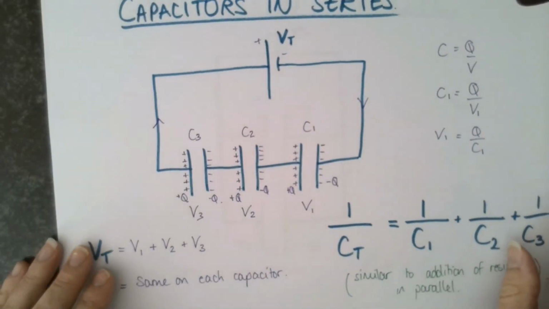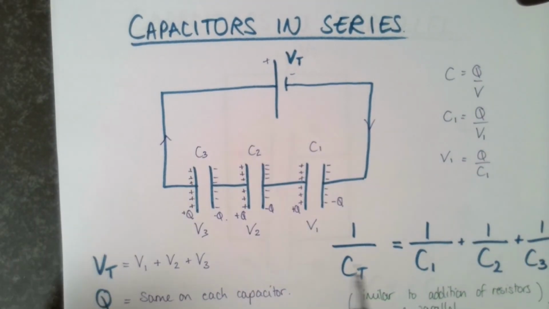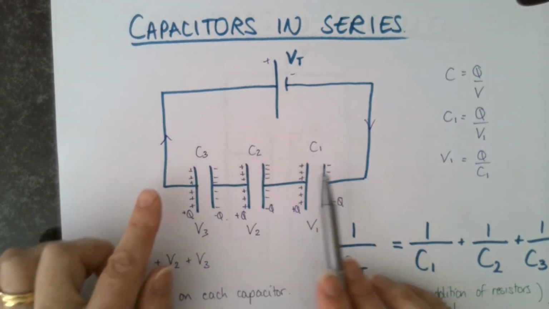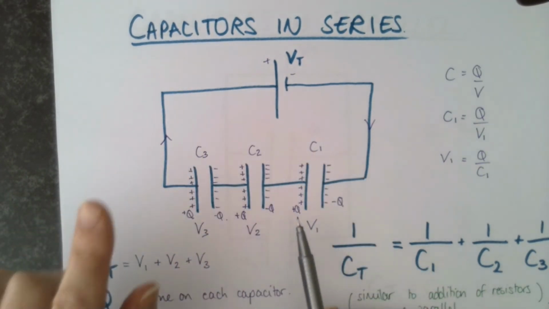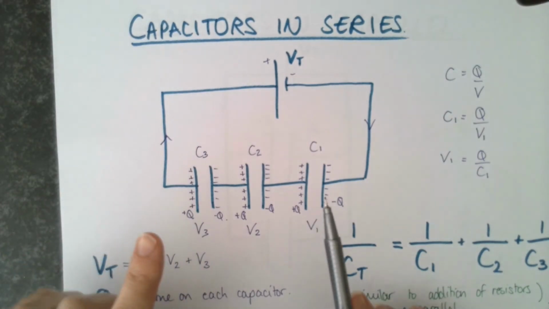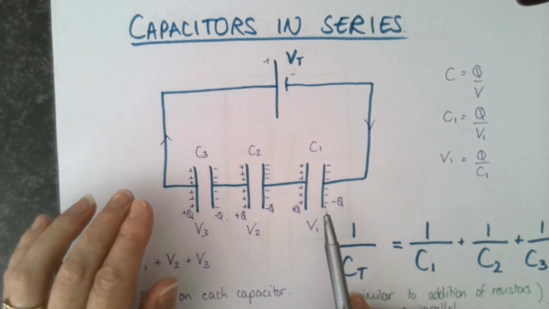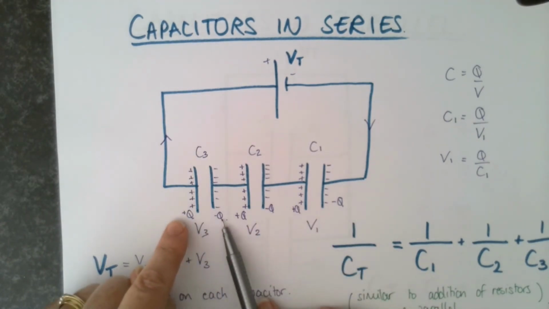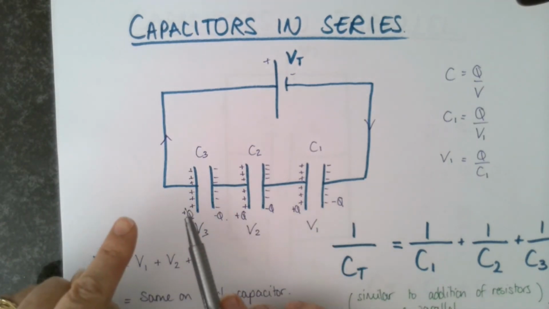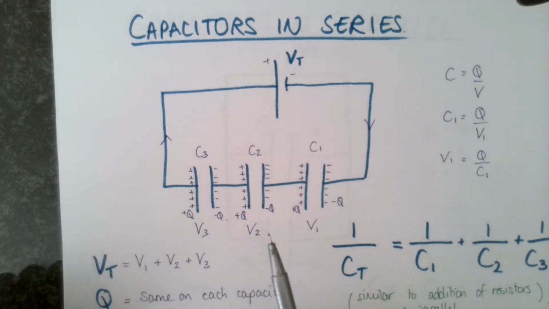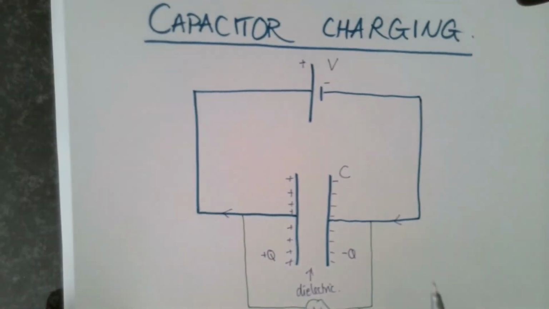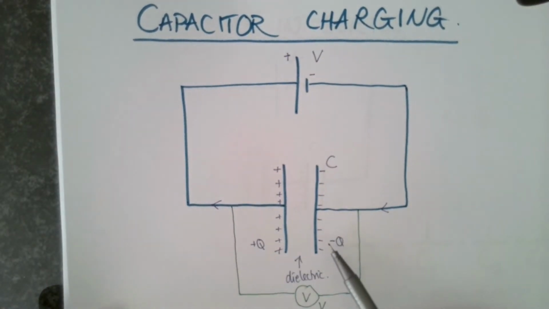And in series, this time we have the potential difference being shared due to the size of the capacitances, but not in the same way as resistors, remember, it's not in the ratio of the capacitances. And the charge on each is identical because of the way that the circuit works. So the first thing to do is to make sure that you can explain clearly how a capacitor is charged.